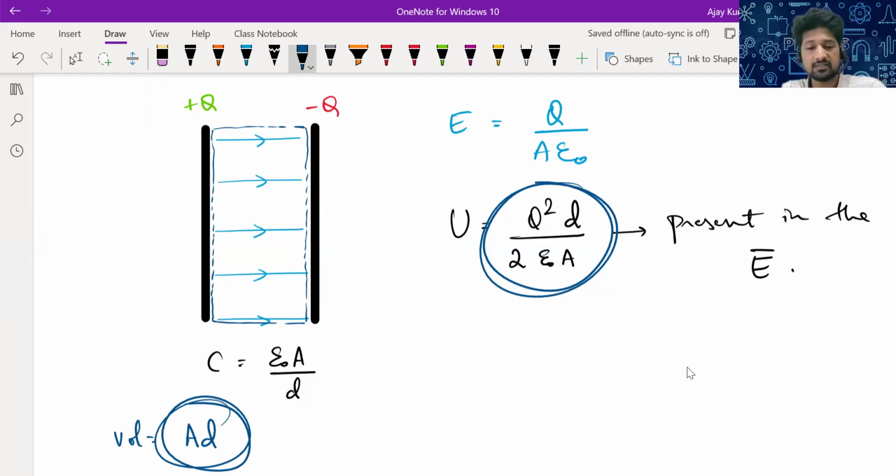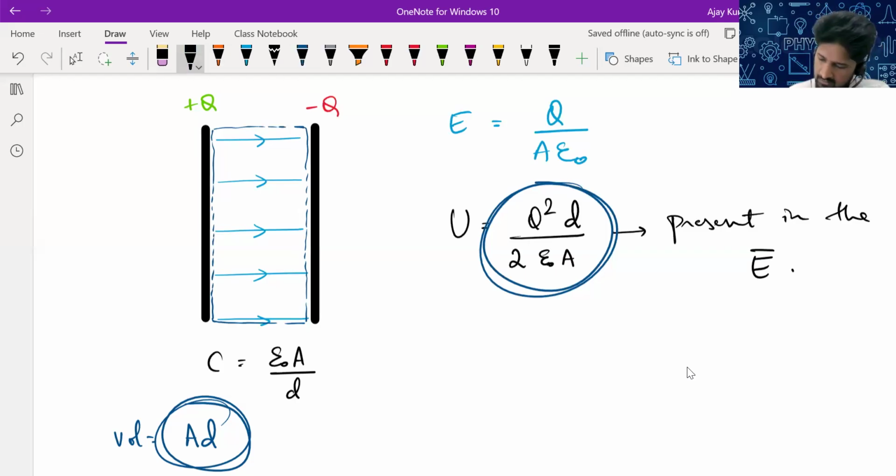So why we consider parallel plate capacitor as an example is because it has uniform field between its plates. But the result we derive will be applicable to any case. Generally also, any formula we first discuss for uniform case, then if it is non-uniform, we integrate. So we are considering a uniform electric field, which we know exists between the plates of a parallel plate capacitor, and we even know how much energy is there in that electric field.